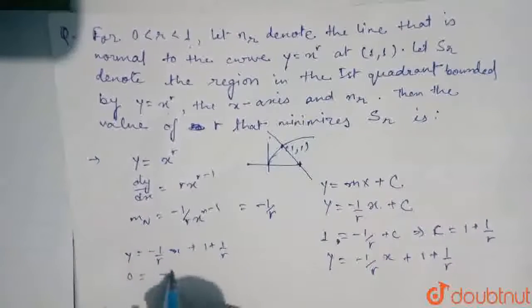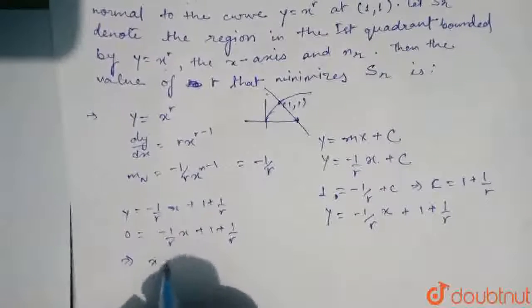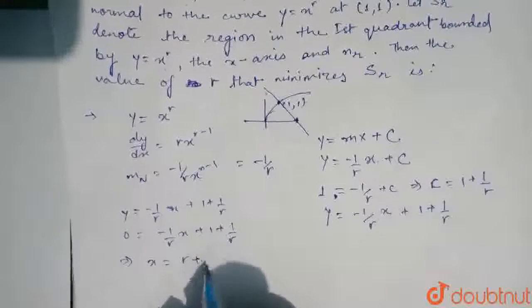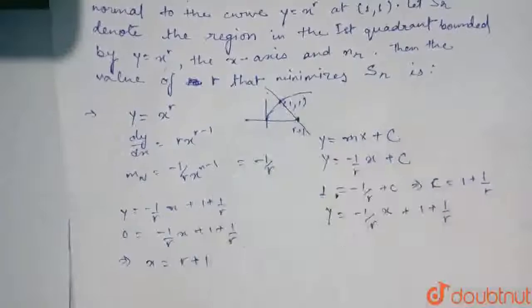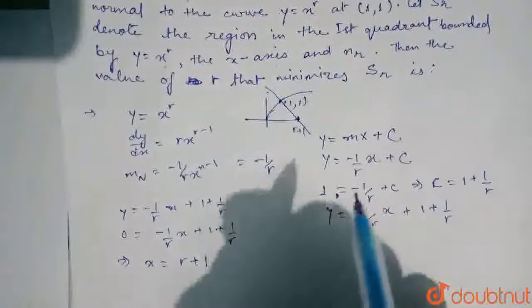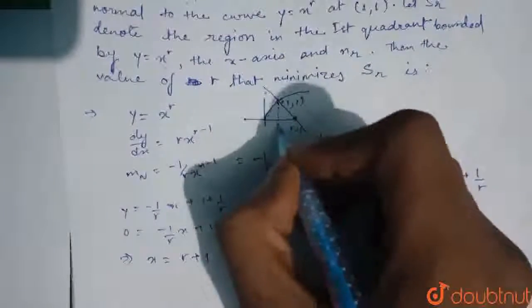So 0 equals minus 1 by r times x plus 1 plus 1 by r. From here the value of x can be deduced, and the value of x from here is r plus 1. So this point is nothing but r plus 1, and this point was 1.